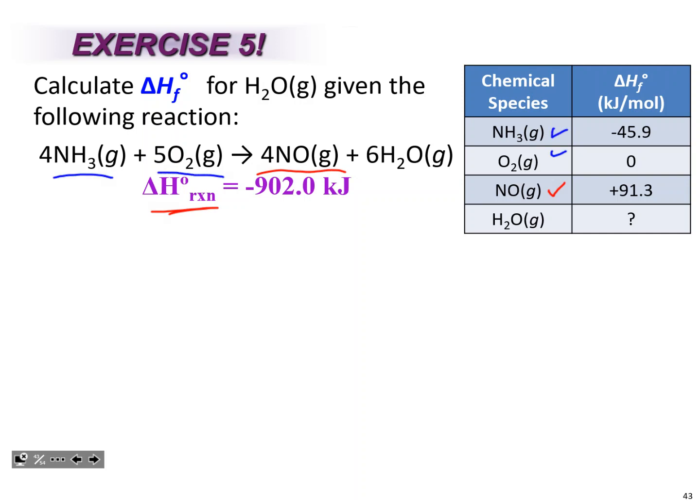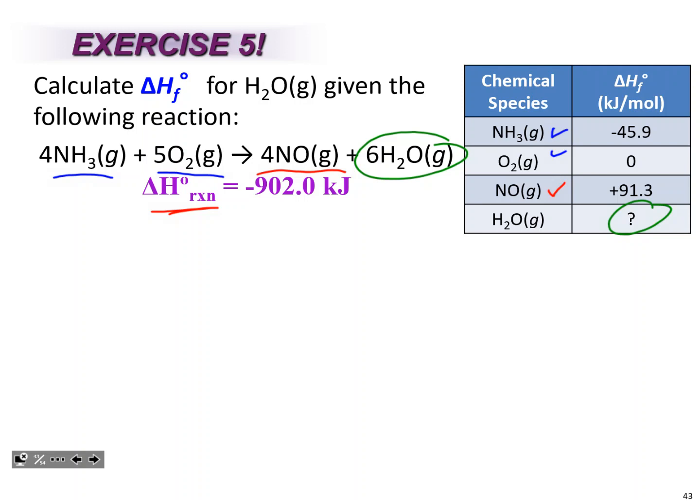But now we have to find the heat for this guy, for water. Except it's not water, actually it's water vapor in this case. And what you're going to notice too is this number is not going to be the same as the negative 286 on the previous problem, because water in the previous problem was actually in liquid phase. This one's in gaseous phase, so those numbers are not going to match. And then we'll talk about why they don't match after we calculate.